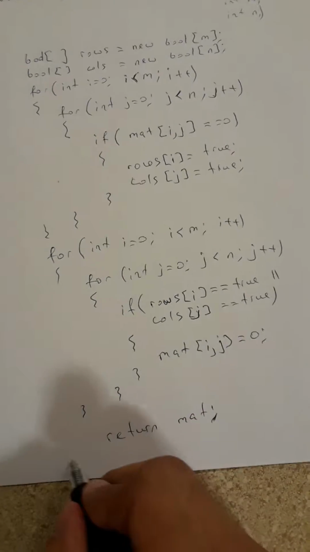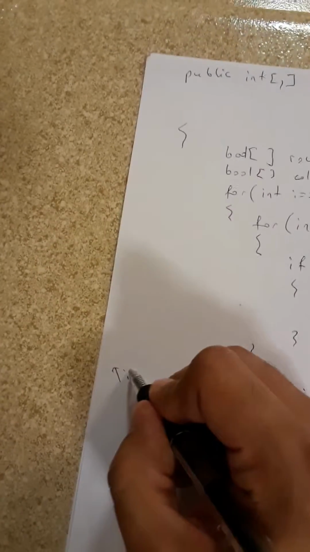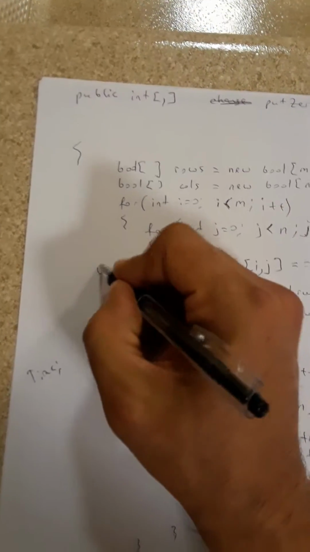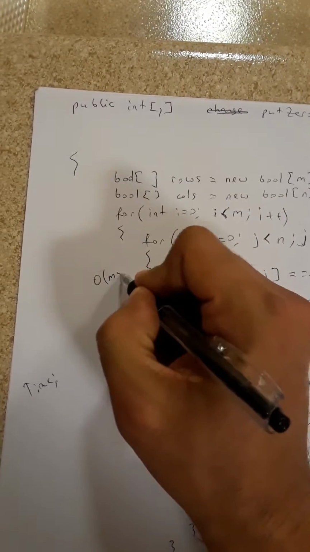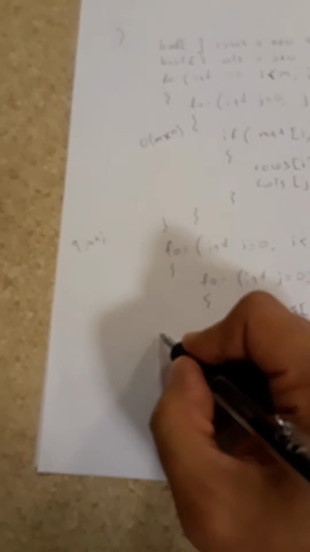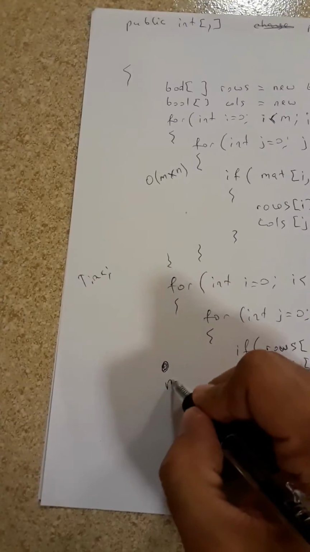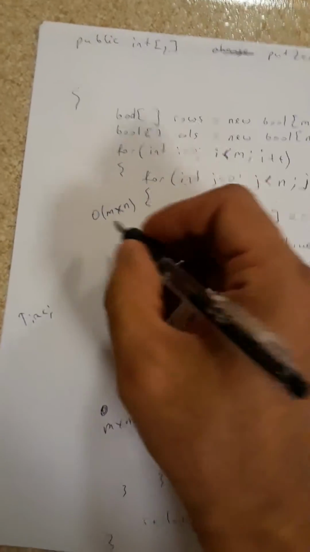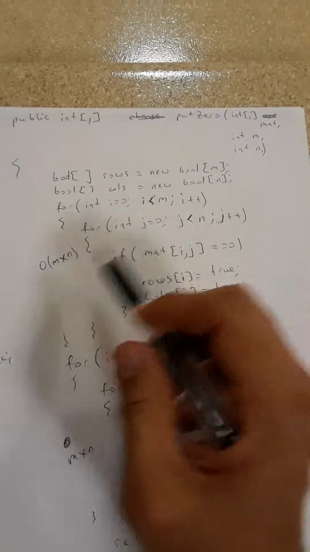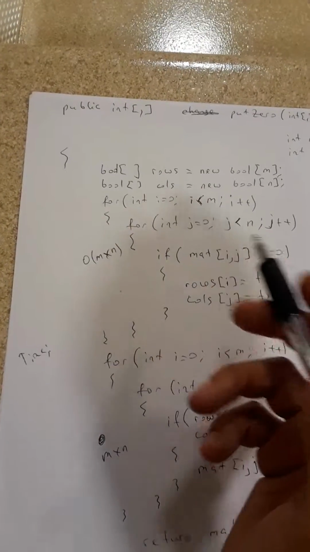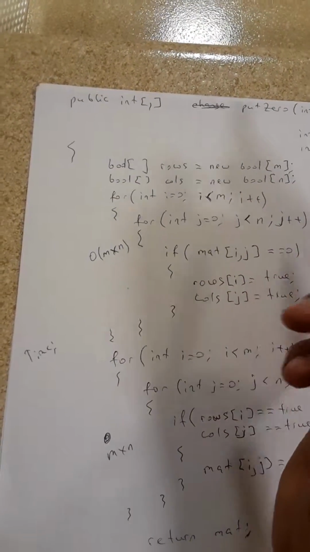The time complexity for this solution, since I'm using double for loops, will be O of m multiplied by n. Since it's a two-dimensional array, it's basically the number of elements in the array.